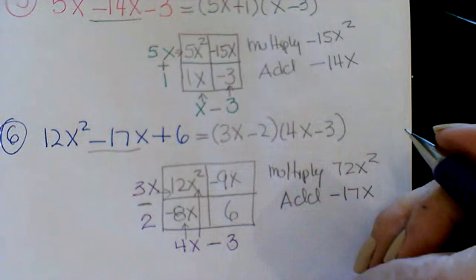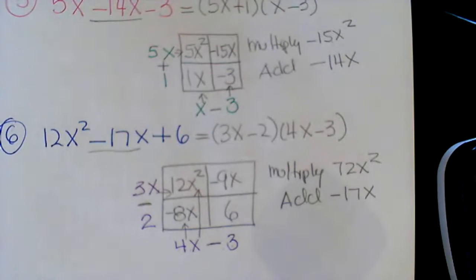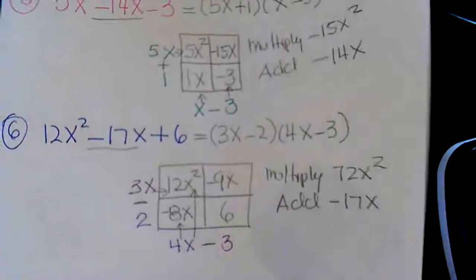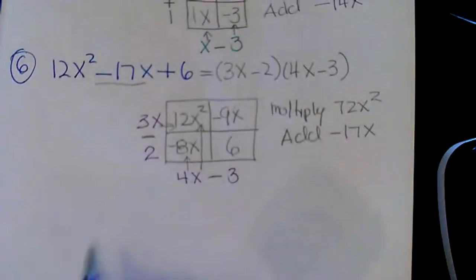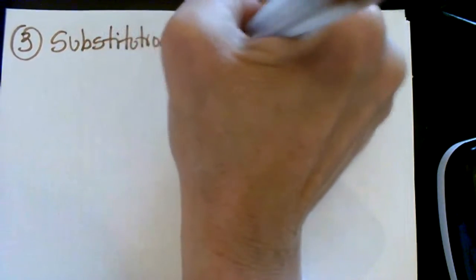Now let's go and do the last method that we need to add there, which is the substitution method, right? I might go back and do another one here. So let's do the substitution. So this is number 3, and we call it the substitution method.